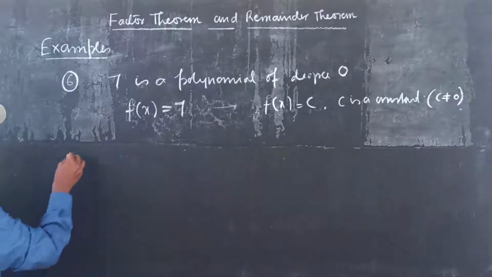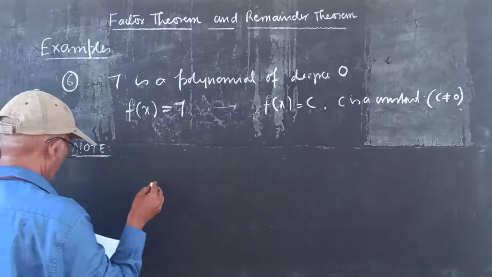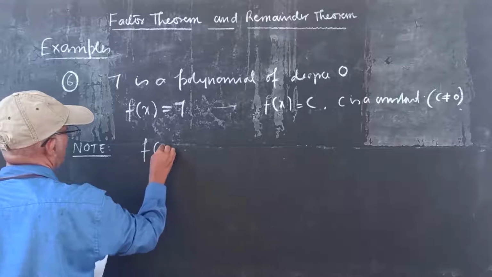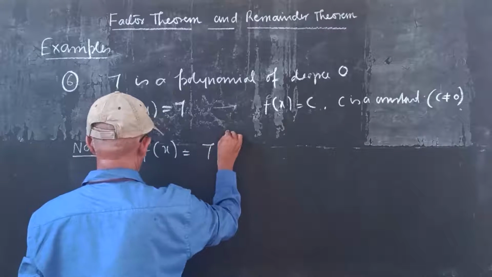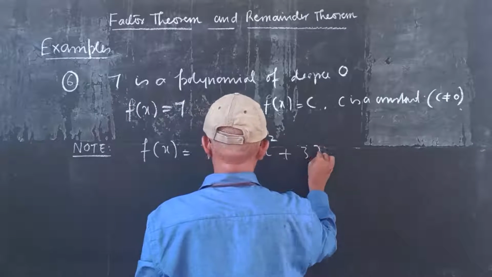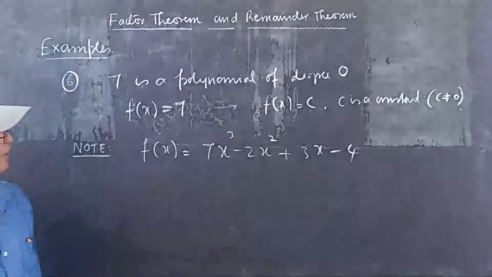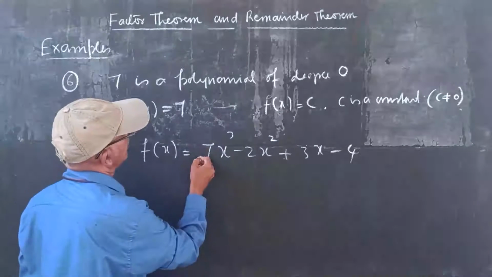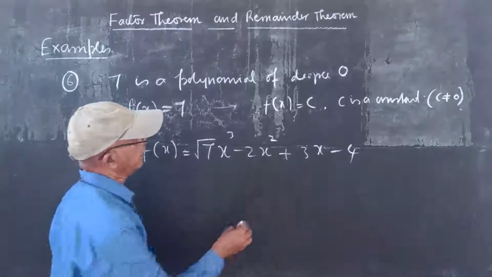Now, one important note. Now I am going to write f(x) is equal to 7x cubed minus 2x squared plus 3x minus 4. This is a polynomial. Suppose I write root 7, it is also a polynomial.